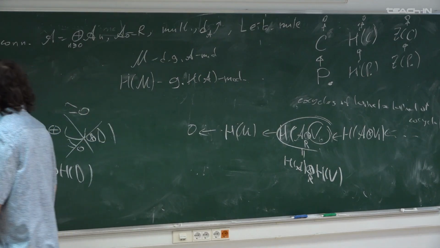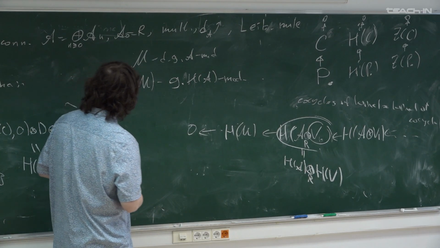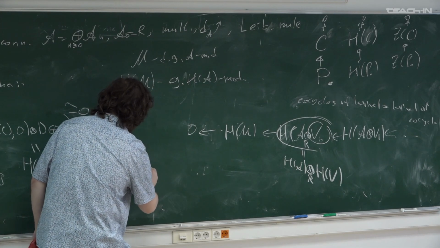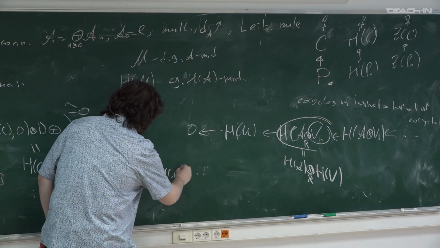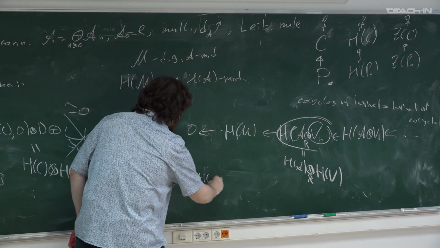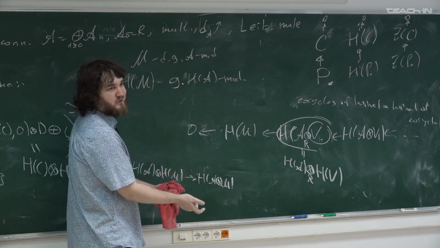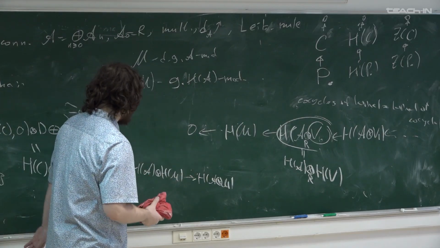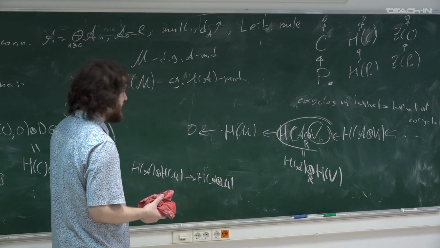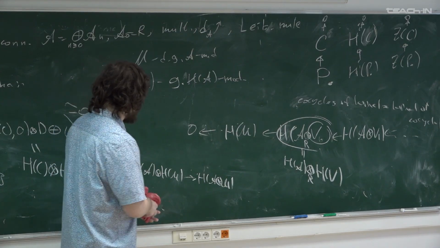This is because I have a map HA tensor HM. I always have a natural map to the homology of the tensor product, since the tensor product of cocycles is a cocycle. We know that this map is not surjective in general, but it exists.